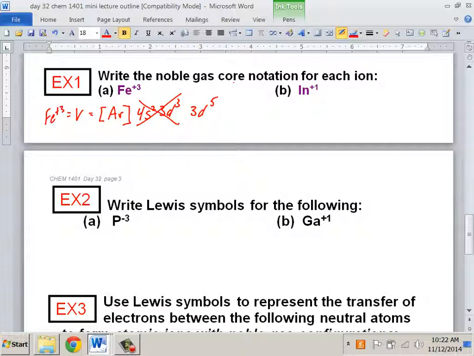Okay. Indium +1 should be the same as which element? Cadmium. So just write cadmium's configuration and you'll have it. It's isoelectronic with cadmium.